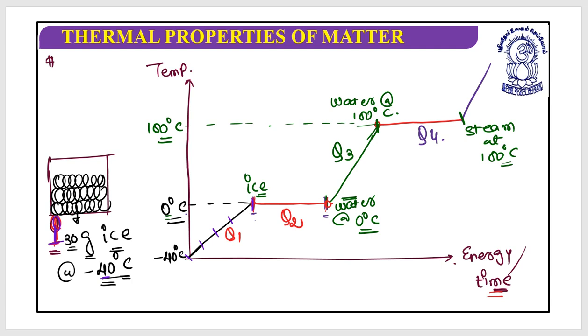This is the amount of energy being used to convert this ice to water. And at this position you have 30 gram of water. That means, please listen very carefully, until the whole mass of 30 gram ice is converted to 30 gram of water, it is not going to change its temperature. I hope this is clear.